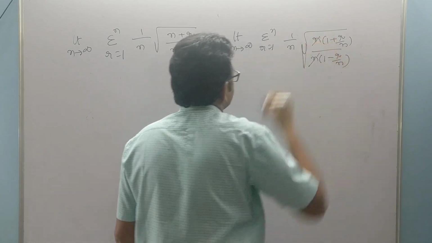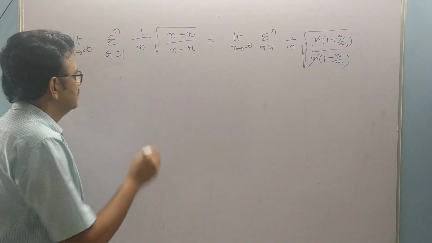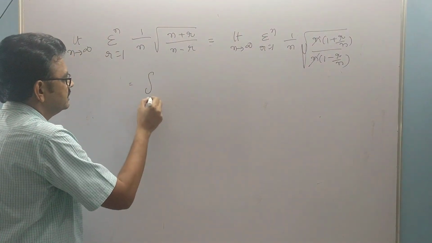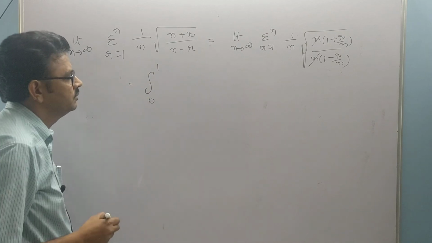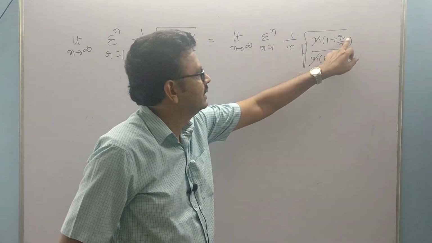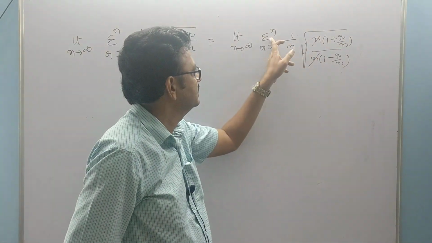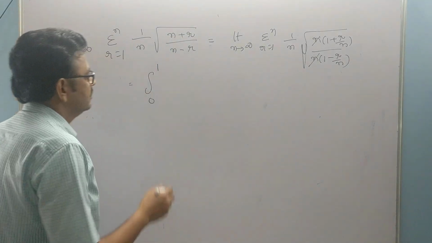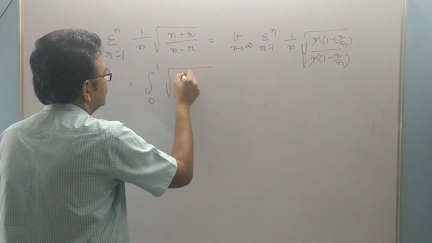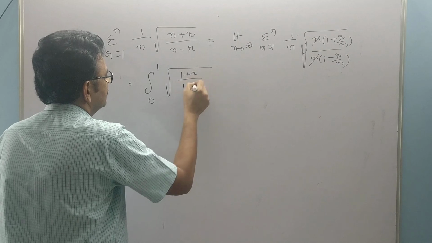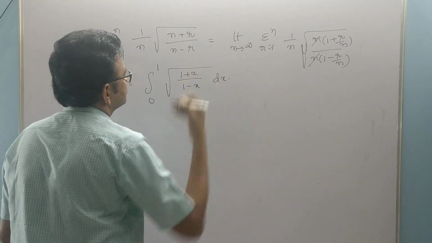So this gets cancelled. Therefore that is equal to, this becomes integral 0 to 1. So this is x, this is dx, this is integral. So this is root of (1 plus x) by (1 minus x) dx.